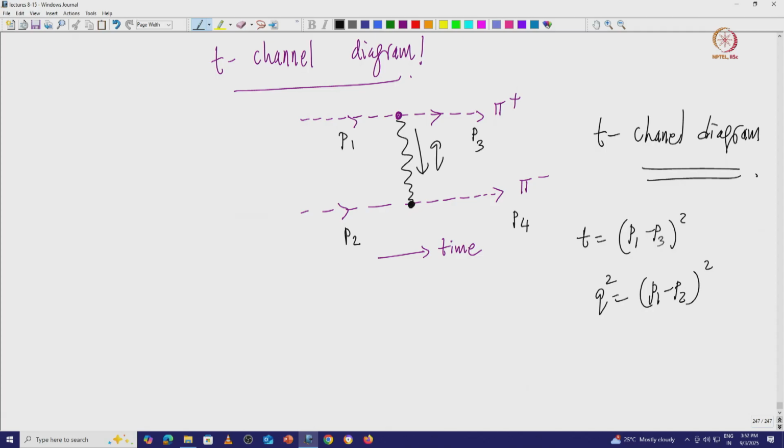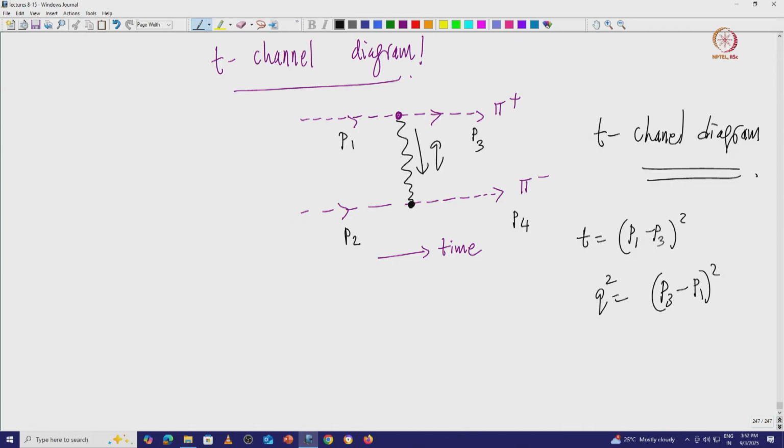From this you can say P1 minus P2 is equal to Q, this is like a T channel, or P3 minus P1 is also equal to Q. This is also correct.